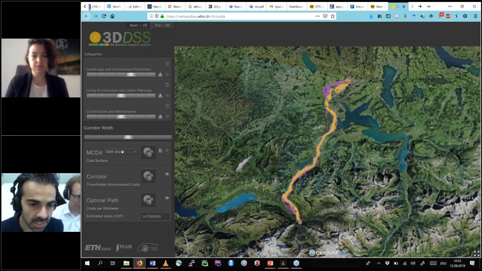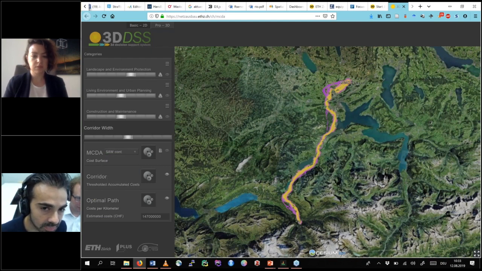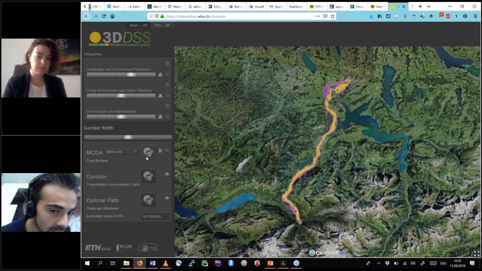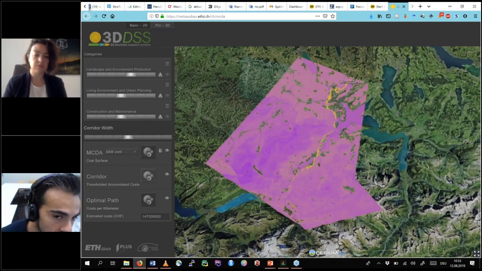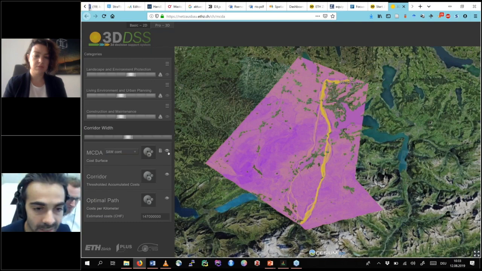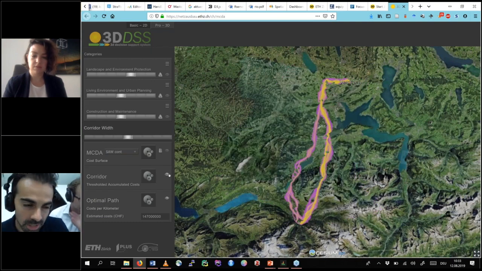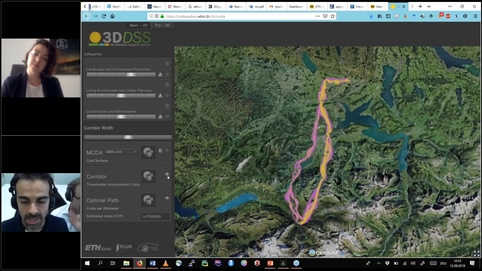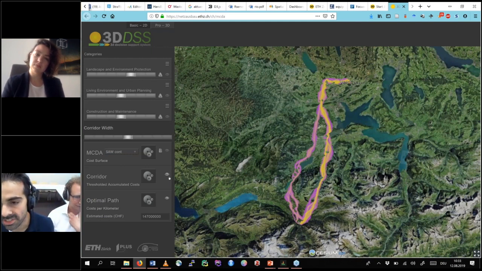But you could also take continuous edges and then compare the one solution with sharp edges to the new solution. Because by considering this, and I will explain this concept later on, you find different corridors, which means that the corridor here in the east of the lake is blended out.